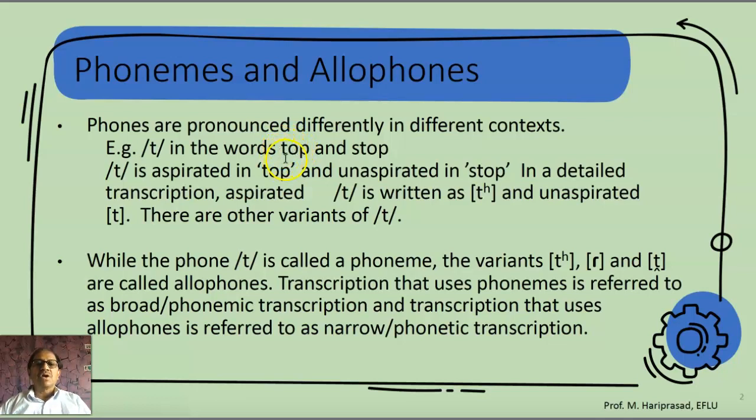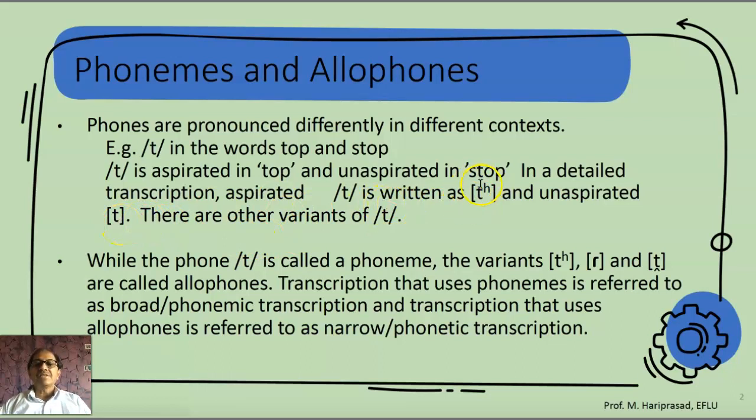So it is called aspirated t. Whereas in the word stop, t is not aspirated. So in a detailed transcription, we write aspirated t as t with a superscript h, and unaspirated we mention as it is.